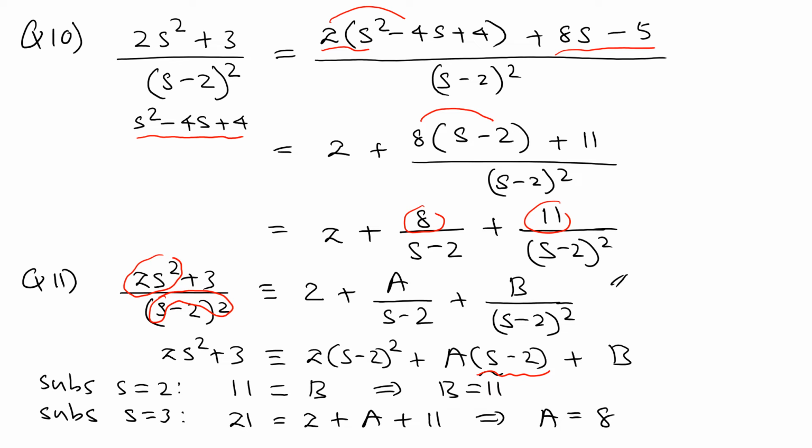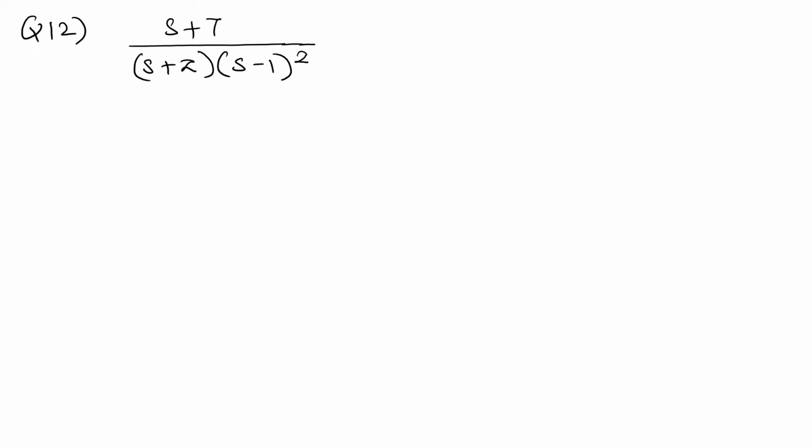Okay, so let's look at another example. Let's look at the next one. Let's say we have (s plus 7) over (s plus 2)(s minus 1) squared, and this is like a regular partial fraction problem. So we write this term by term.